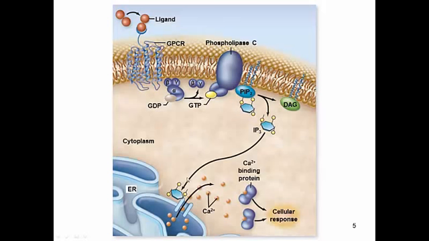The IP3 can now bind the calcium channels on the endoplasmic reticulum of the cell, opening the calcium channel and allowing calcium to flow out into the cytoplasm. The calcium then binds to a protein and activates it, and then that protein activates the cellular response.